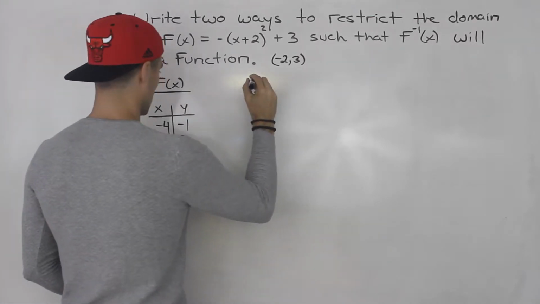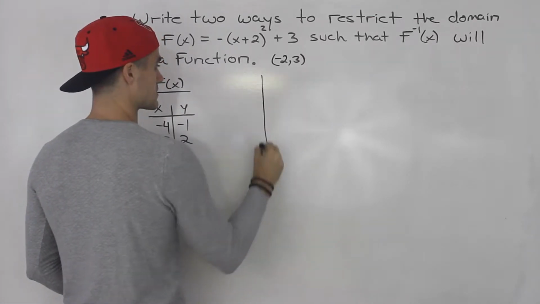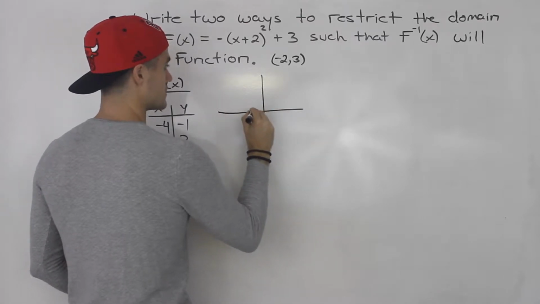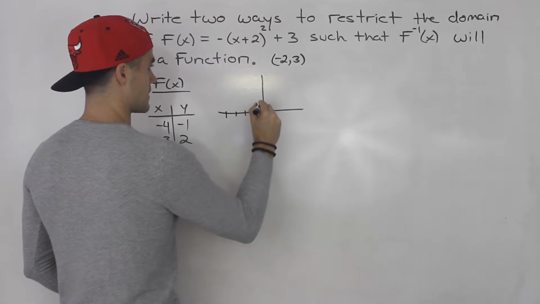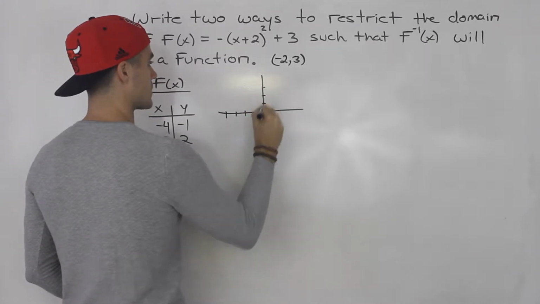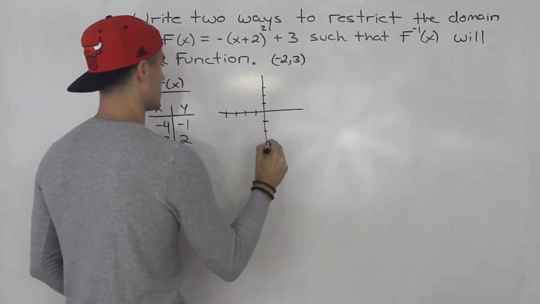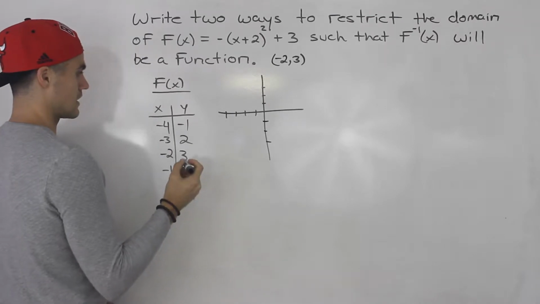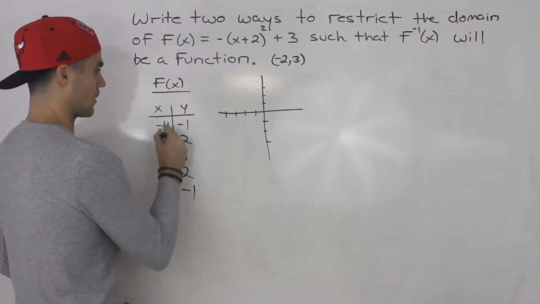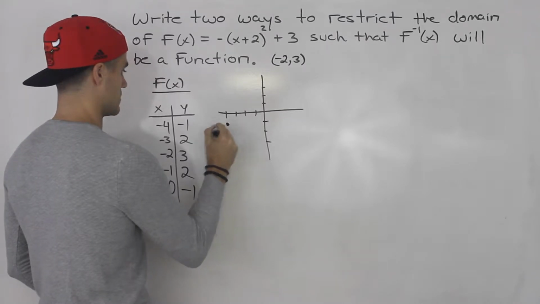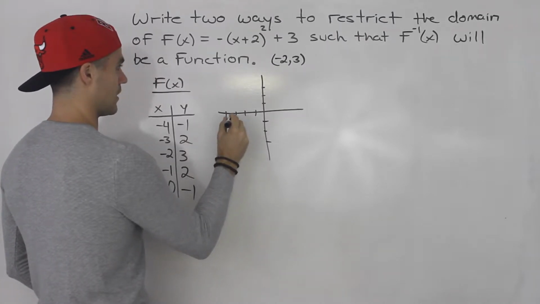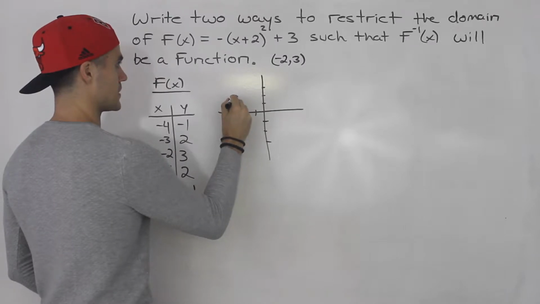So if I take this and graph it, so 1, 2, 3, 4, let's say, then 1, 2, 3, 1, 2, 3. I think that's all we need. Negative 4 and negative 1, that's down here. Negative 3 and positive 2, that is up here.